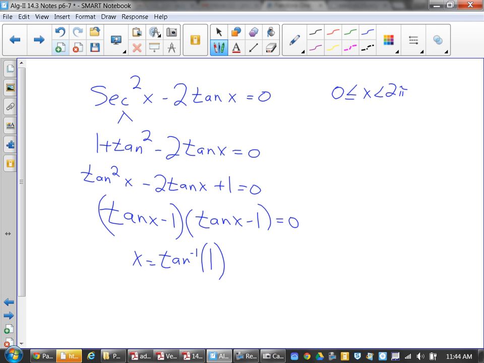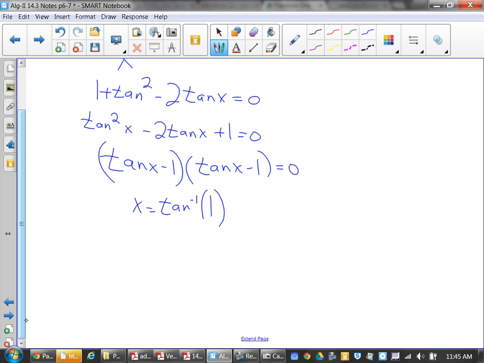Tangent is positive 1 in the first and third quadrants: pi over 4 and 5 pi over 4. There you are. This is how we use Pythagorean identities to help set up and solve equations. It's not that tricky.